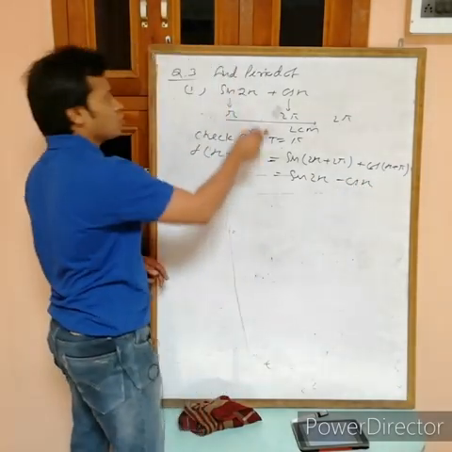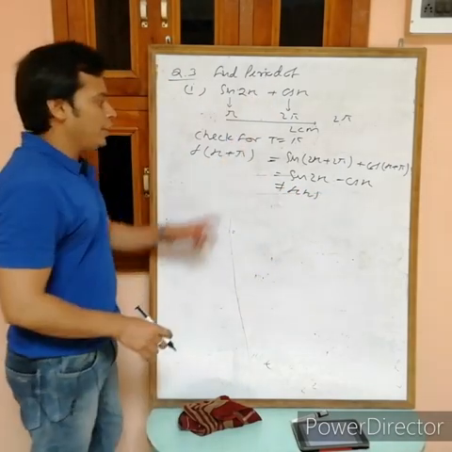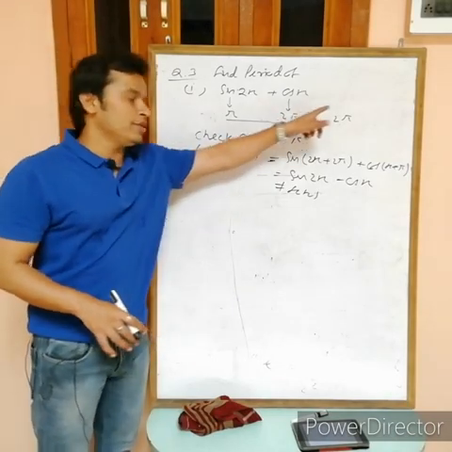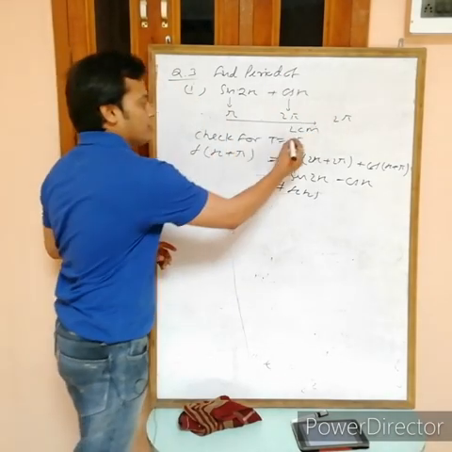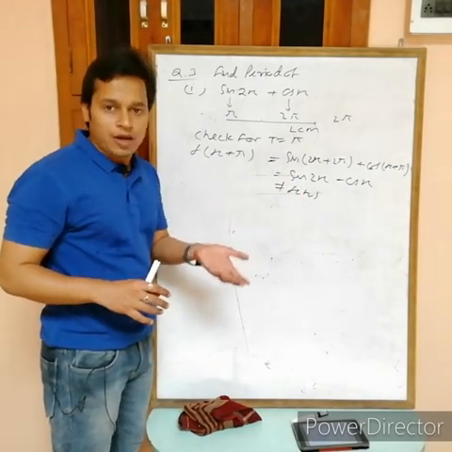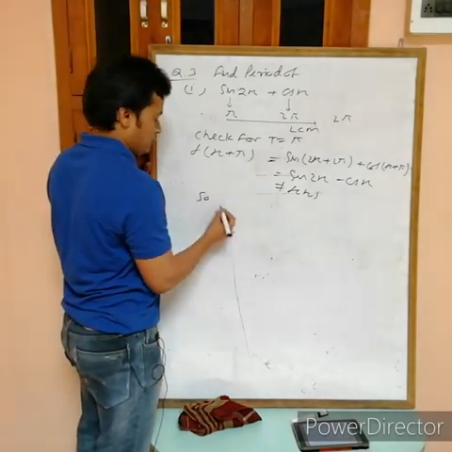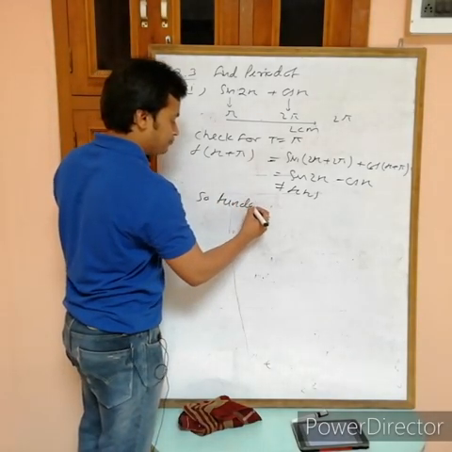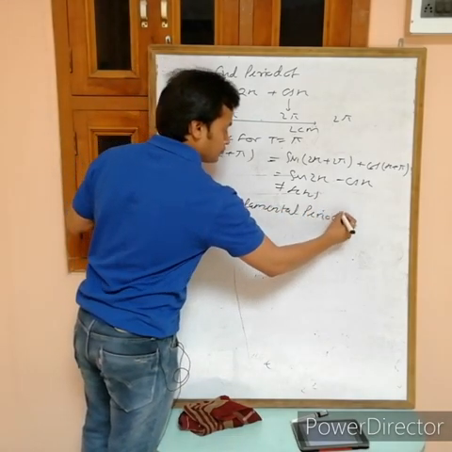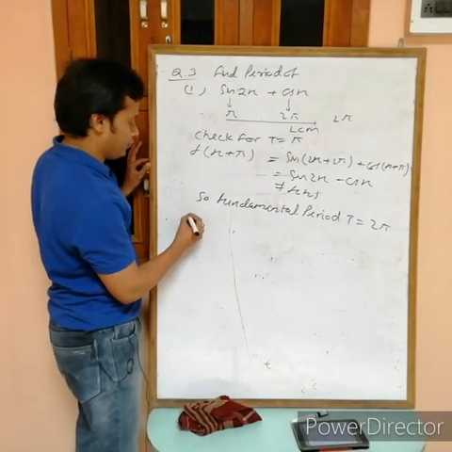Now this is not equal to f(x), this is not the same as this one. It means pi is not the fundamental period. If pi is not the fundamental period, then this LCM is the fundamental period. I am checking just half, there is no need to check for 3 pi by 2. So the fundamental period T equals 2 pi. Then the LCM is the fundamental period.